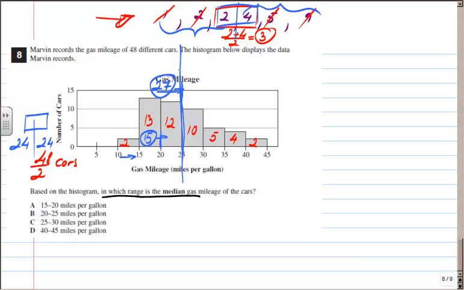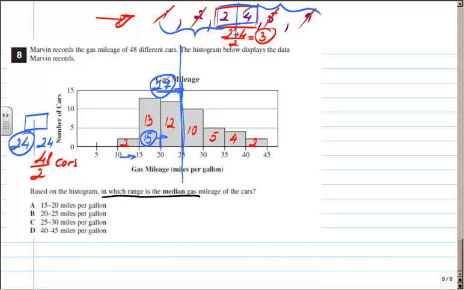So to get to this gas mileage, from 10 to 25 miles per gallon, I have 27 cars.